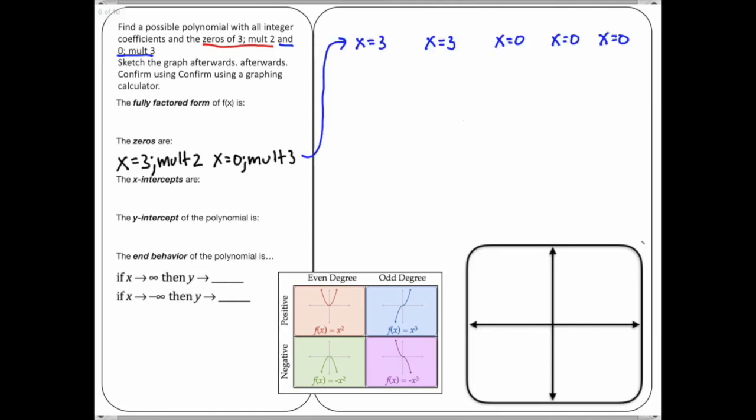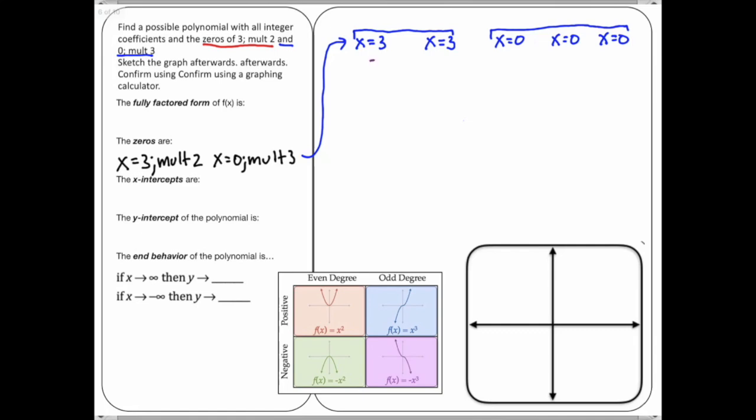Okay, so for the zeros there, notice that we have x equals 3 with multiplicity 2, so there's 2 of them, and x equals 0, multiplicity 3, there's 3 of them. And so what we're going to do, just like we did in the last video, is get them set equal to 0.